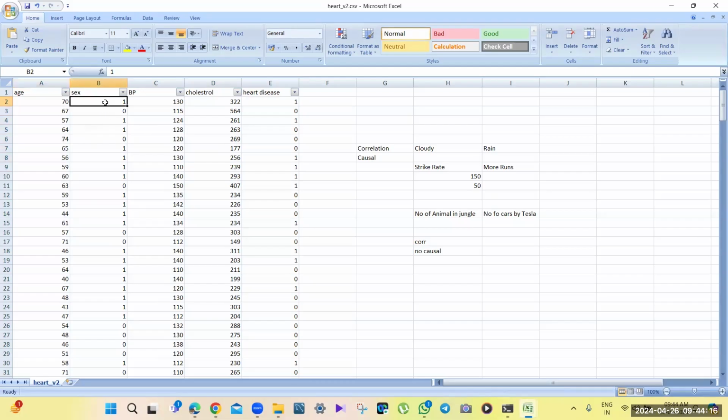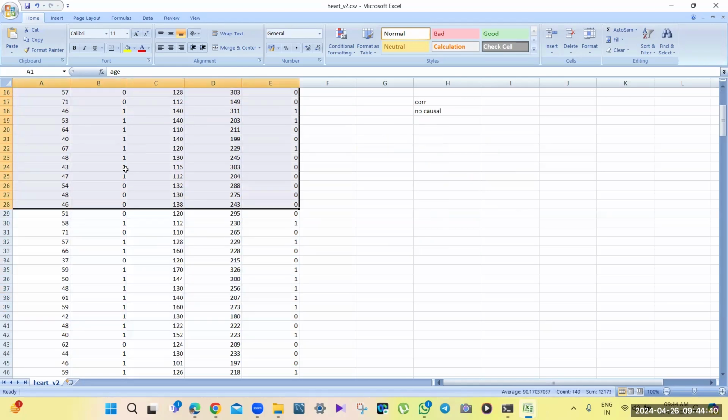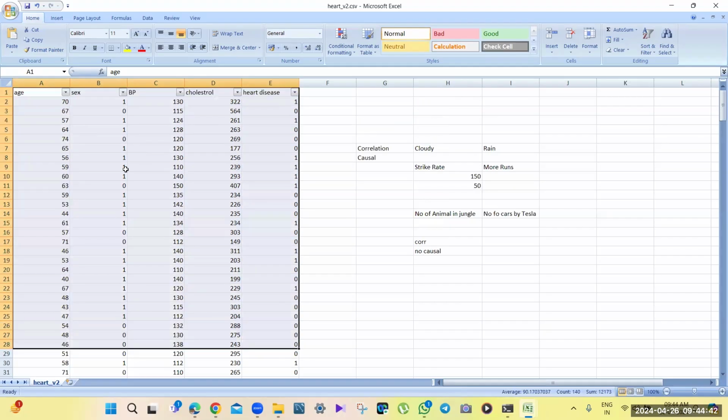What if I need to change 1 to male and 0 to female? What if I need a flag for BP? If the BP is greater than 120, we call it high BP, and if it is less than 120, we call it low BP. Those kinds of if-else flags we have to create. We will see all of this in Python, which will take in this entire data as a data frame and then start processing it.